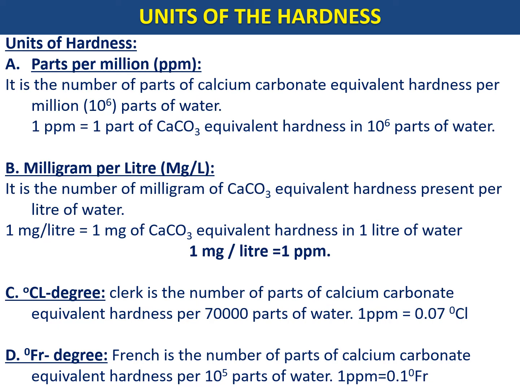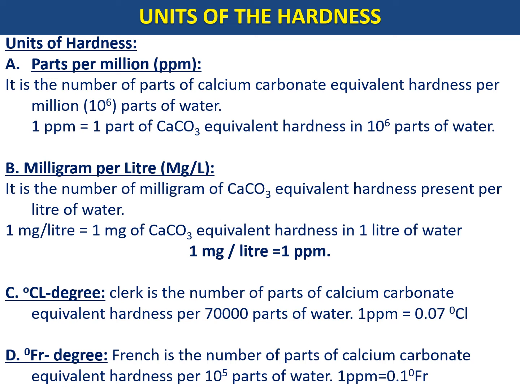Okay. So next, units of hardness. Expression and units are different. Just like different quantities have different units, like speed has a unit and distance has a unit, hardness also has units. The first one is parts per million, generally expressed as ppm. It is the number of parts of calcium carbonate equivalent hardness in 1 million parts of water.